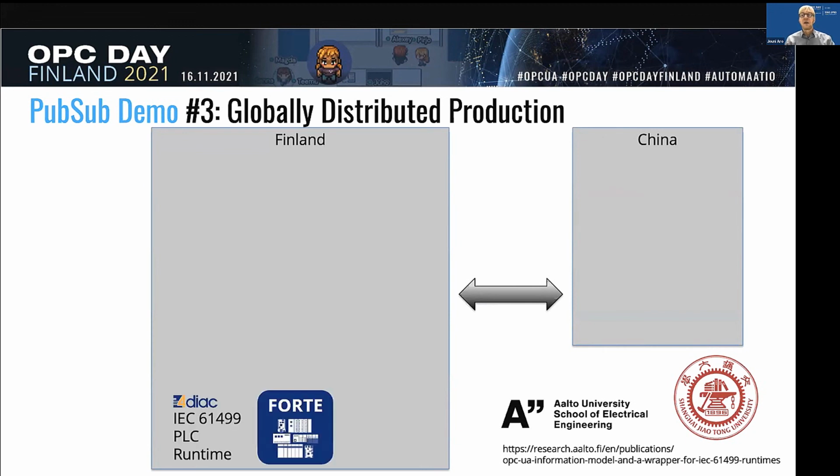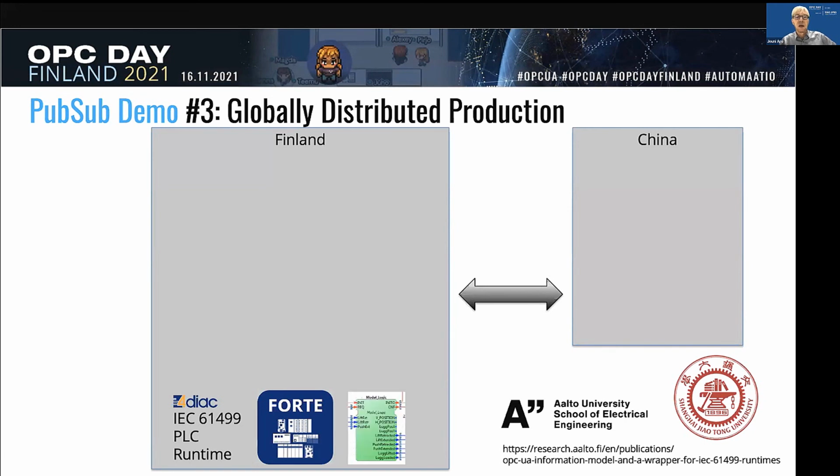The production system model here in Finland is based on an open source IEC 61499 PLC runtime. It's the 4diac FORTE that is running on Windows. You can run that on different platforms, and this is an open source implementation, so you can also get that and try it out yourself if you wish.